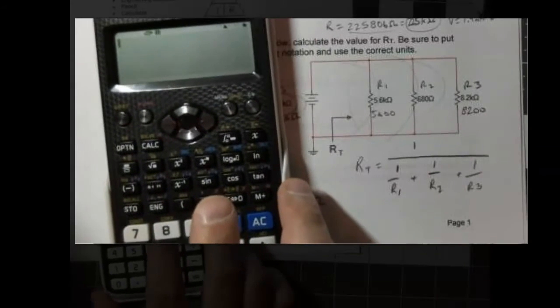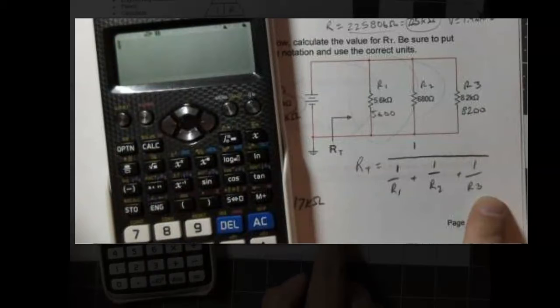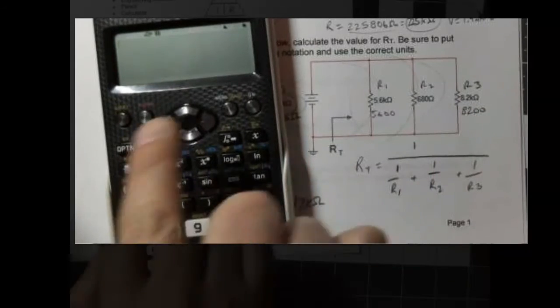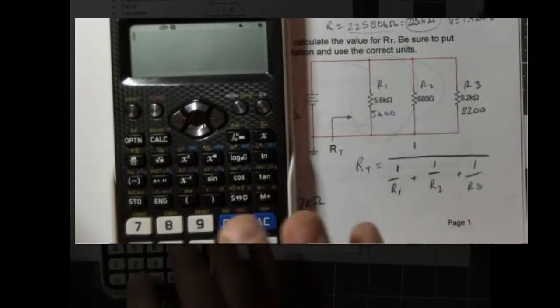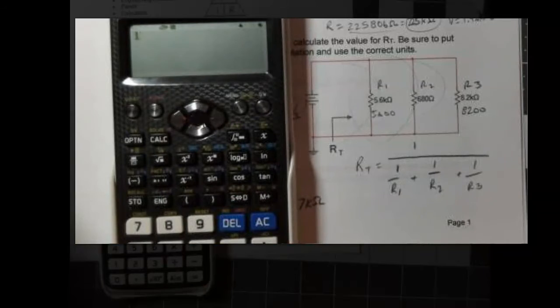Alright, so using this formula, we're going to plug these values in. If you have a calculator like this, you will press 1 divided by, and then use parentheses.